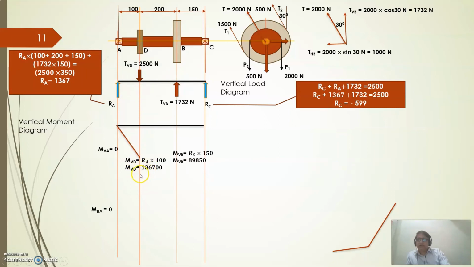Taking that value, I can get the vertical moment at point D. Similarly, at point B, it is better to calculate RC into 150. So like this we can complete the vertical moment diagram, right?